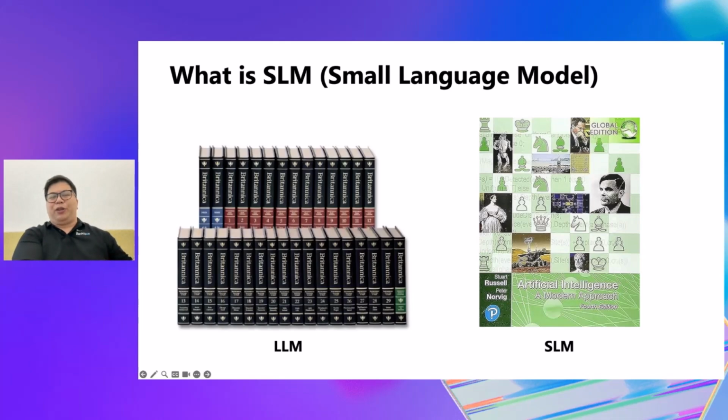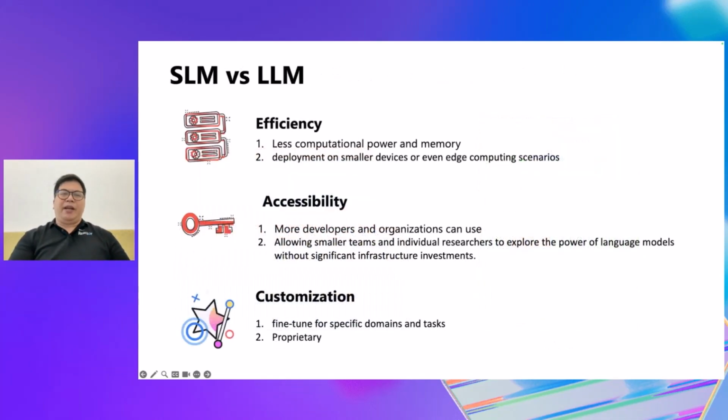Because large language models are very popular now, but they need more computation power, like NVIDIA GPUs and memory. If you are a developer or company and use a large language model in your business scenario, it may cost you a lot of money.